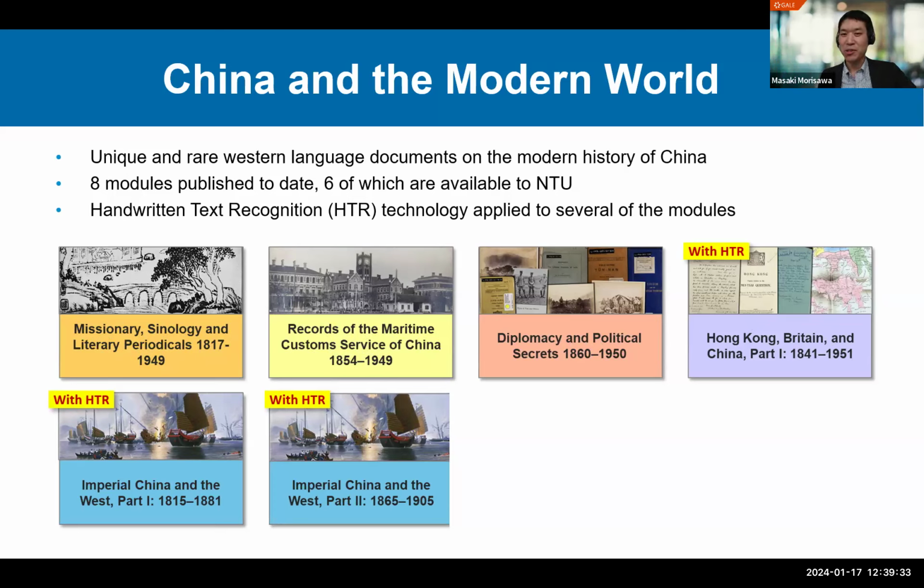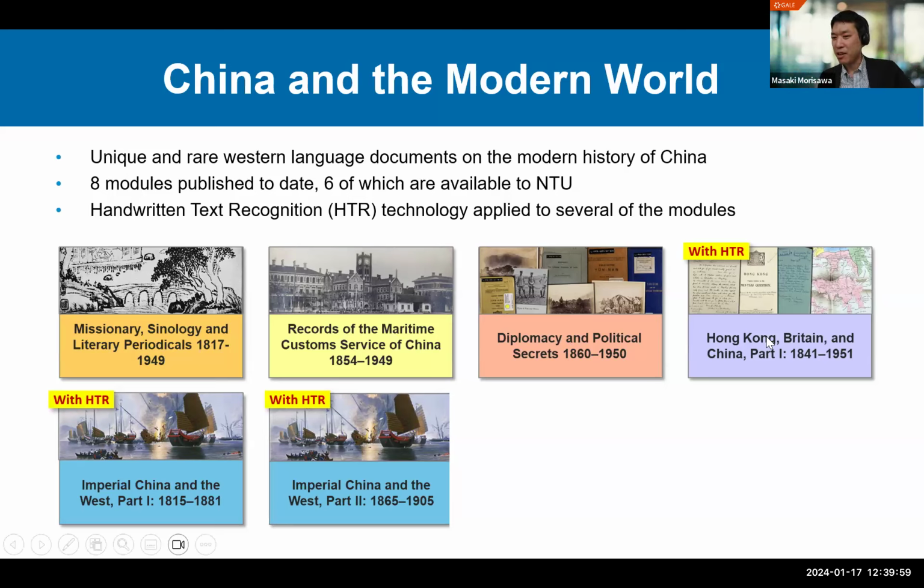And these are their internal working records. And diplomacy and political secrets, these are mainly political documents about the area of boundary between China and British India. So there are a lot of materials about Tibet or Yunnan and those places. And these are, again, political diplomatic papers.